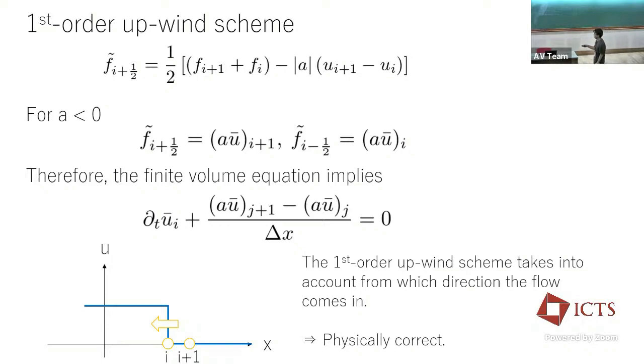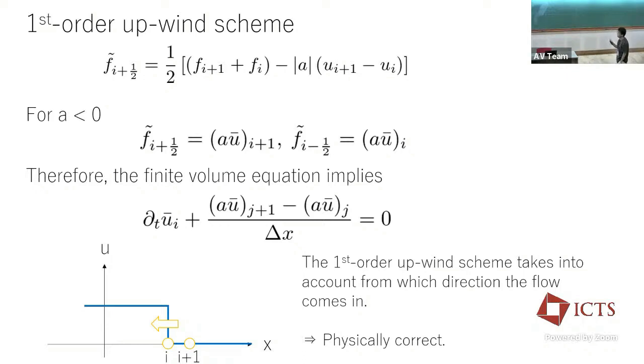The meaning of this discretized form is the same as for the positive A case. So you have the discontinuities, the initial profile, but because of the negative A, this profile is propagated to the left direction, and this equation means that you use only the I plus 1 and I information to update the grid point I, right?